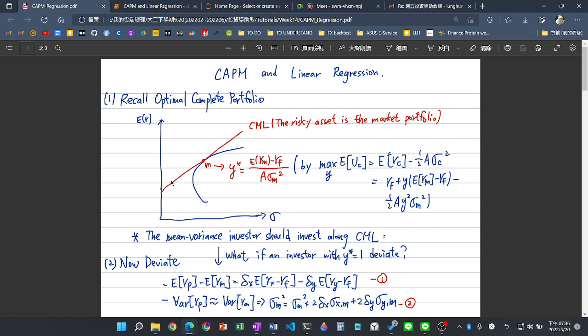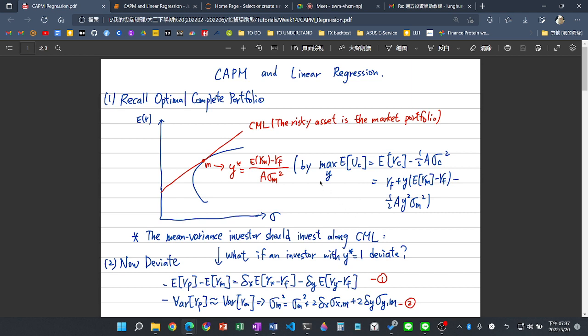So we can derive this capital market line here. It is a special case of the capital allocation line, because now the risky asset is the market portfolio itself.